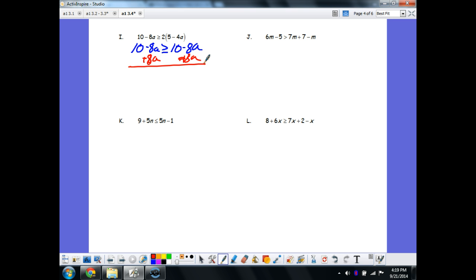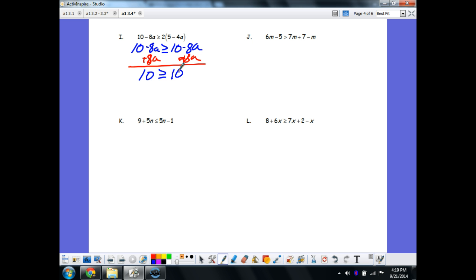But what happens now is that the variable cancels on both sides. So what we're left with is 10 is greater than or equal to 10. Now, just like in the equations, when the variable completely canceled out, we ended up with something that was either always true or never true.